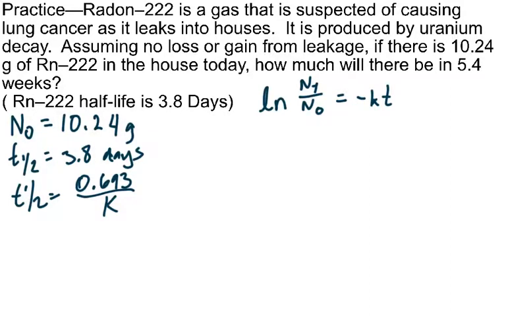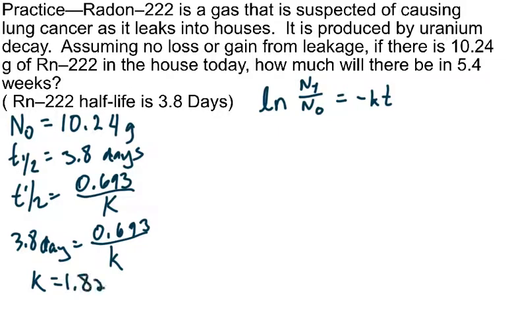Okay, so we can solve for our k value. So 3.8 days is equal to 0.693 over k. So our k value is 1.82 times 10 to the minus 1 per day.